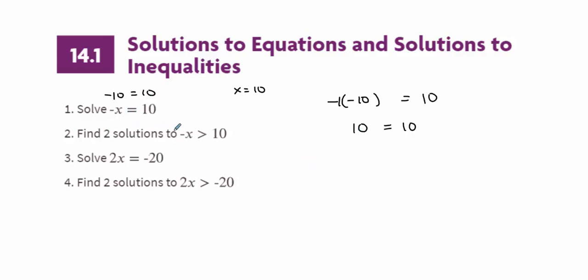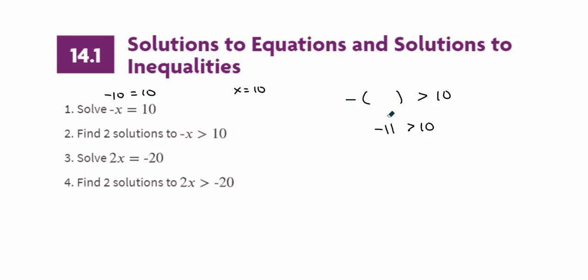Okay, find two solutions to negative x is greater than 10. So negative x has to be greater than 10. If I put an 11 in here, that would be negative 11 is greater than 10? No, that's not true. So I can't put a number greater than 10 in here for x.